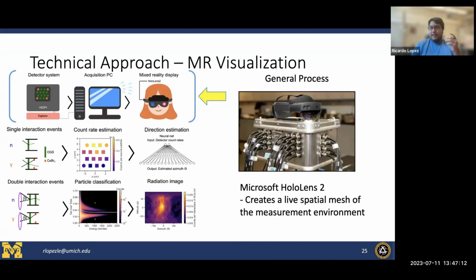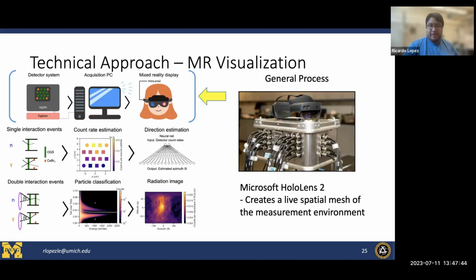It's this headset pictured over to the right, that, using the sensors in the front, is able to create a live spatial mesh of your current environment. If you combine this spatial mesh with the directional information that you obtain from the imager, you can overlay them together to get a pretty good sense in real time of where the source could potentially be located based on the imaging information.